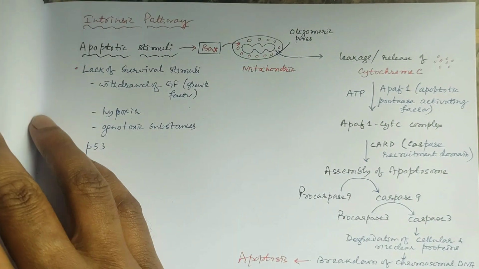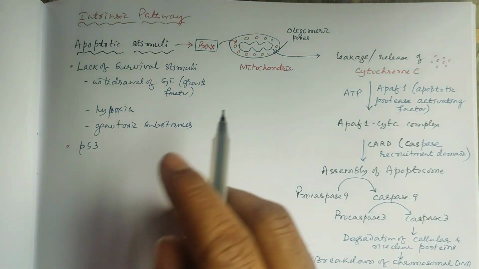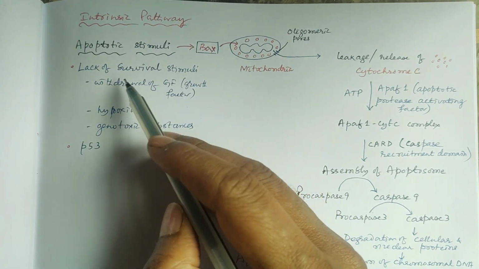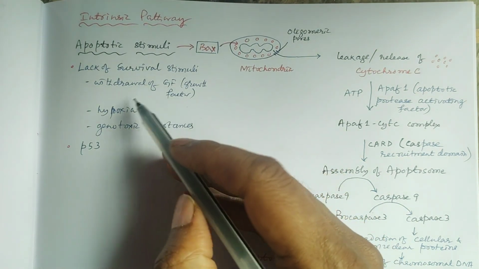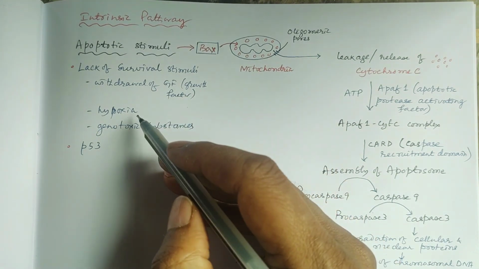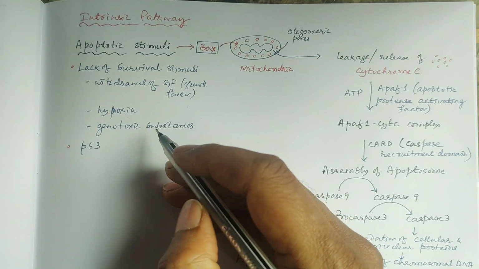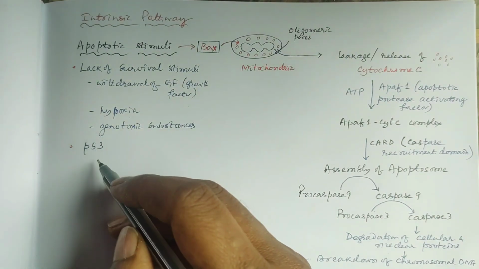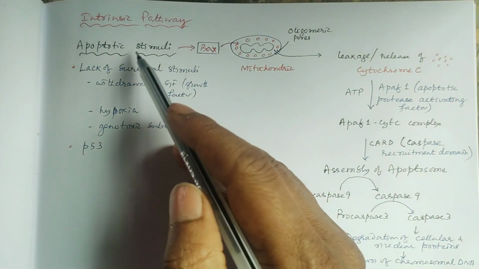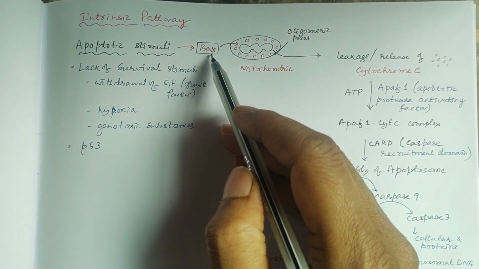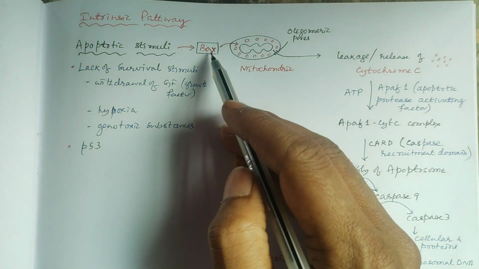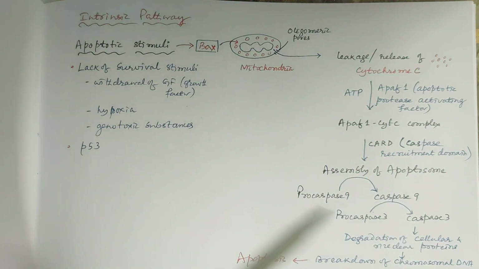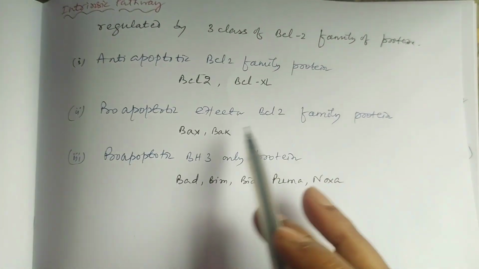The intrinsic pathway is stimulated by apoptotic stimuli, like lack of survival stimuli, withdrawal of growth factors, hypoxia, and the presence of genotoxic substances. P53, the negative regulator of the cell cycle, also acts as an apoptotic stimulus, and they activate BAK, the pro-apoptotic effector BCL2 family protein.